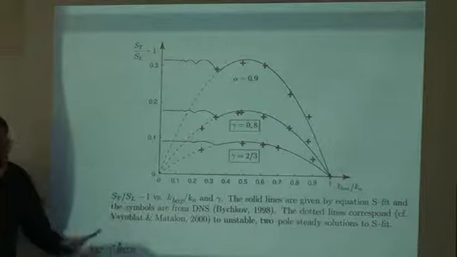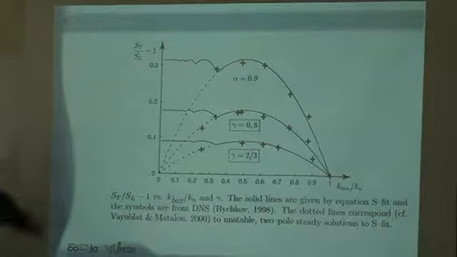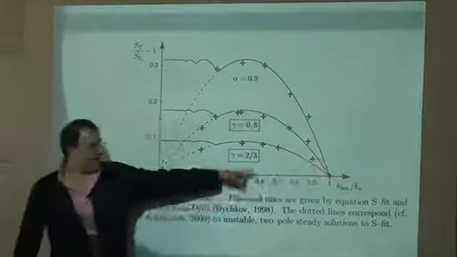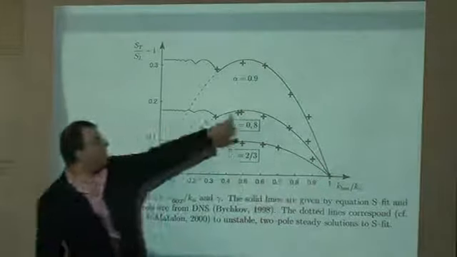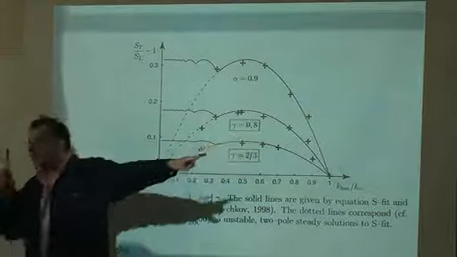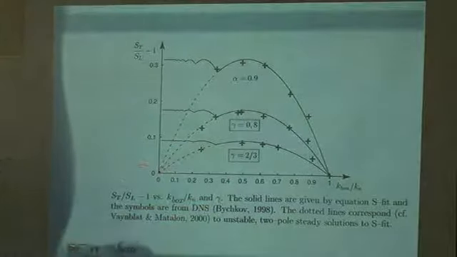For different alpha and different sizes of K-box, you have a very good agreement. That's why we suspected. We don't say this is exact. We say it fits. It's an engineering problem.